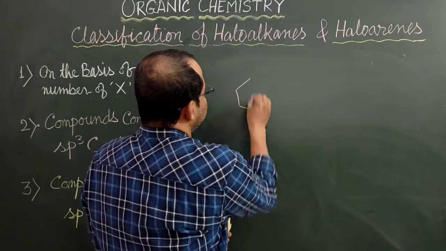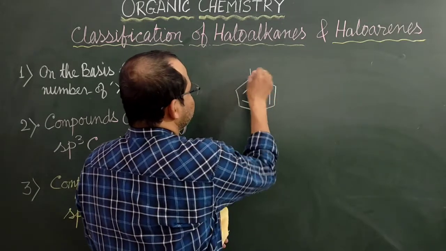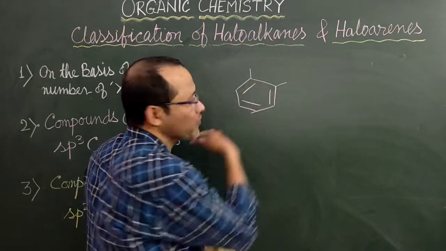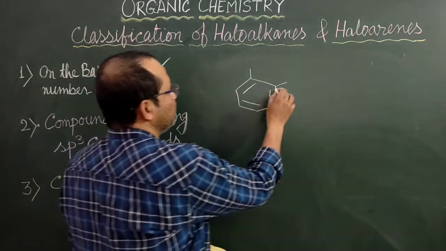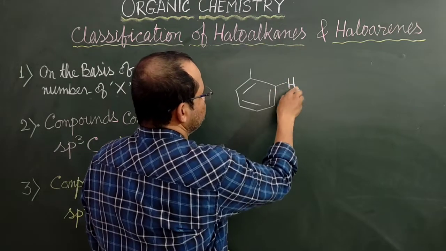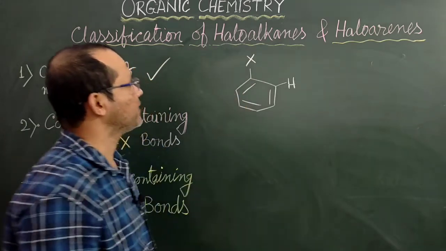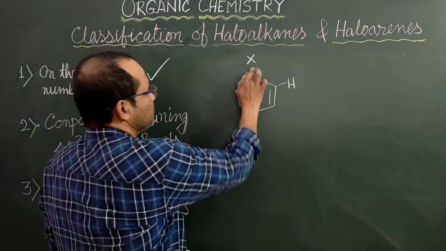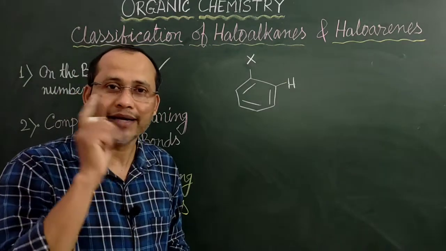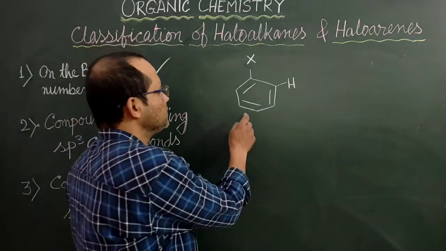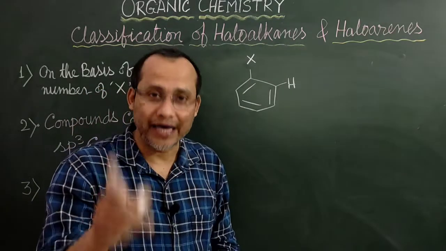If we consider one benzene ring, you know that on each and every carbon atom one hydrogen is there, but I am not writing the hydrogen atoms here, just showing one hydrogen, and if this hydrogen is replaced by halogen, then this compound is aromatic and only one halogen is present, so this is one aromatic monohalide.